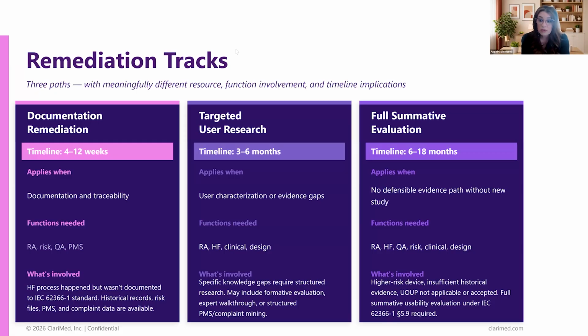There are strategies for this if you know you're probably going to get that deficiency and it's going to take 6 to 18 months. That is a strategy the business has to agree on and understand, and the regulatory affairs specialist has to be very clear in communicating the risk: you could have a delay in clearance, or a delay in your CE marking. I hope that answers the question.